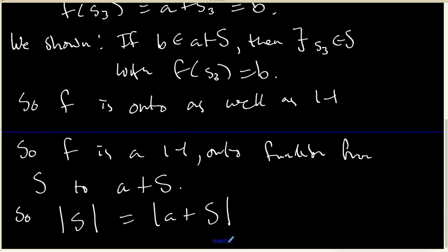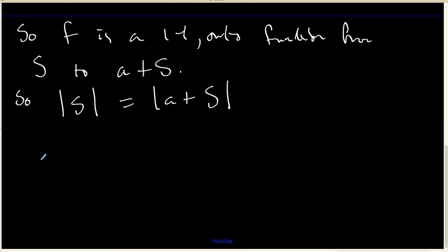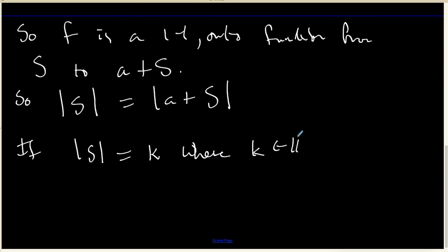Now, a couple of things on vocabulary. If S is a finite sized ring, so if the cardinality of S is some number k, where k belongs to the natural numbers, then what this is saying is that the cardinality of a plus S is also equal to k. But the nice thing about our proof is that this is going to be true even for infinite subrings.